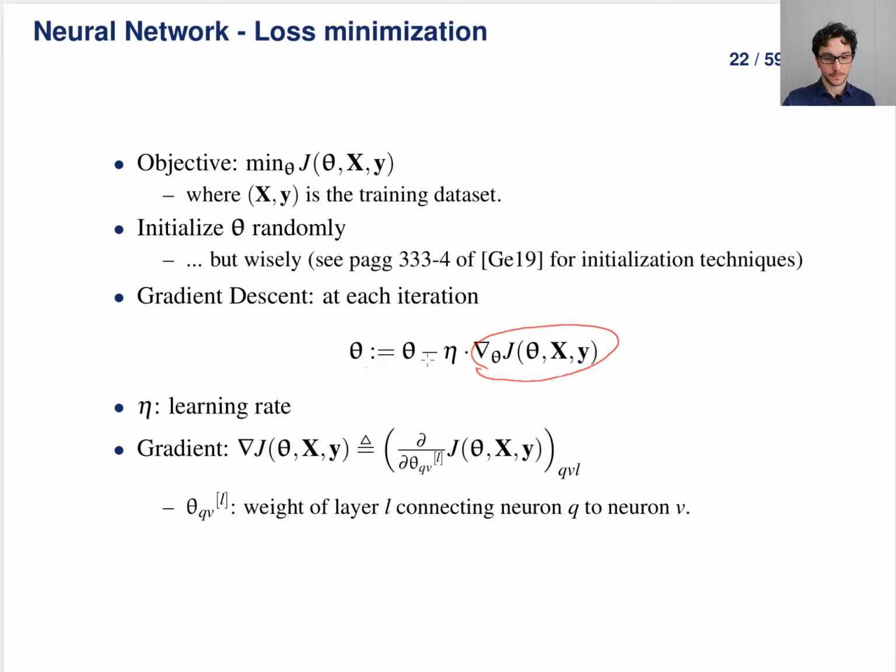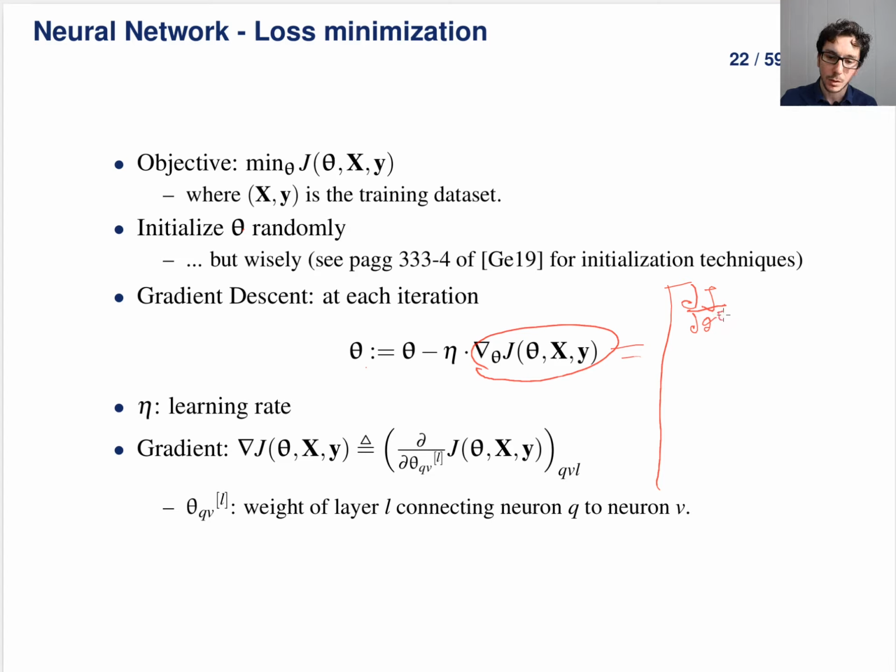Observe that the gradient is a very big vector because it's the derivative of J, the loss function, with respect to any single weight.